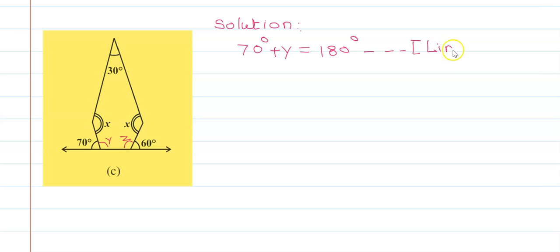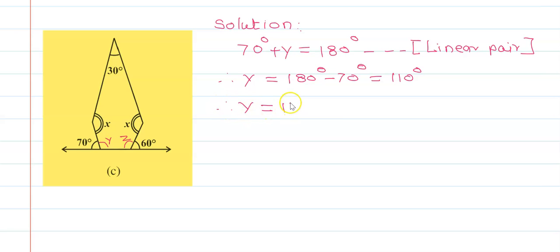Linear pair. And therefore, measure of this angle y is 180 minus 70, and that is equals to 110. Therefore, measure of angle y is equals to 110.